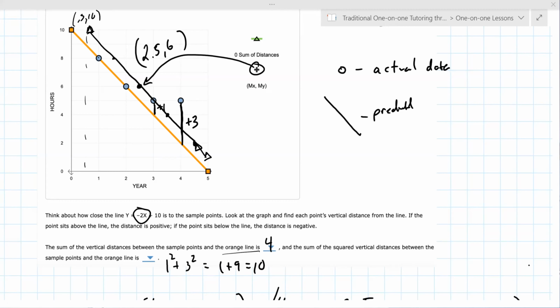The sum of the squared vertical distances between the sample points and the line just plotted. It's the distances 1, 1, 0, and 2. So it's 1 squared plus 1 squared plus 2 squared, so that looks like 6. Is 6 an option? Yeah. Okay, good.